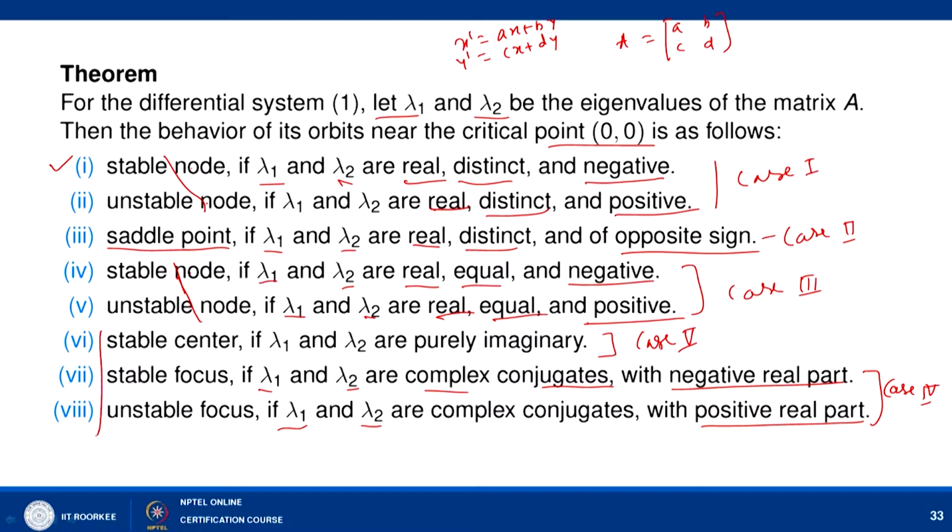Center and focus depend on whether they are complex. If they are complex, it will form a center if purely imaginary, otherwise it is a focus. So that is what we have summarized as case 1, case 2, case 3, case 4 and case 5. With this we conclude that for the linear system, the phase portrait and the behavior of the critical point is done.